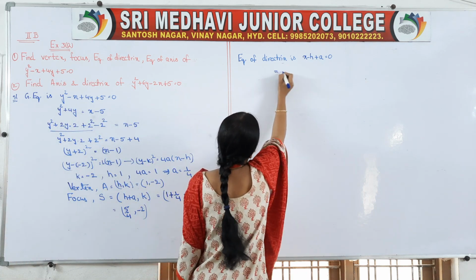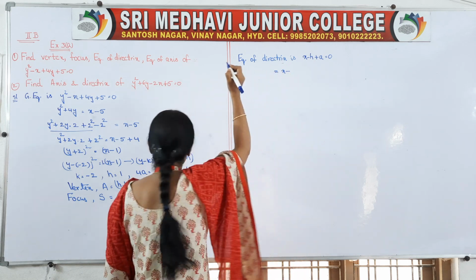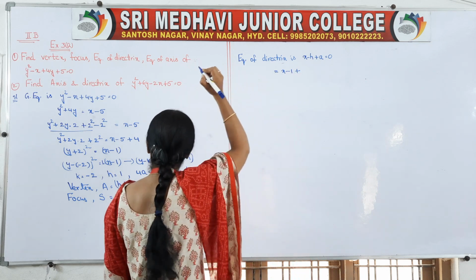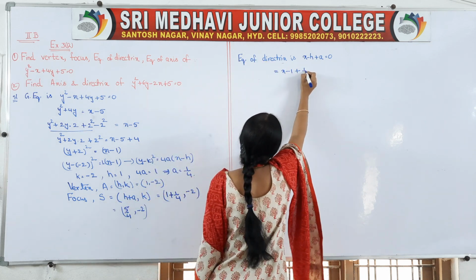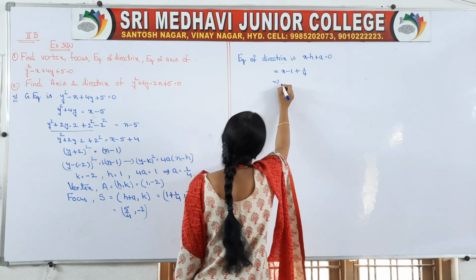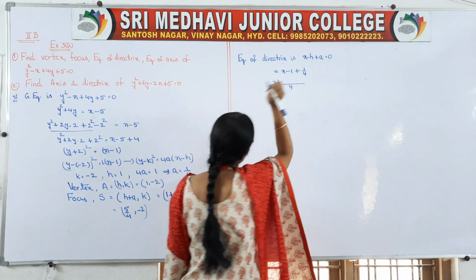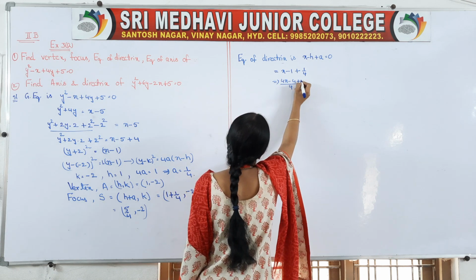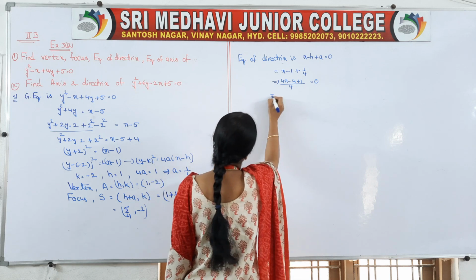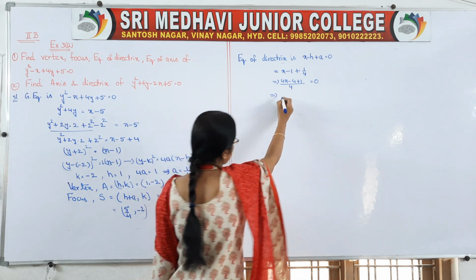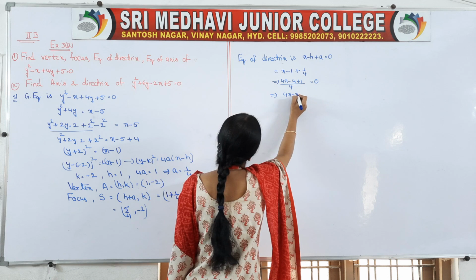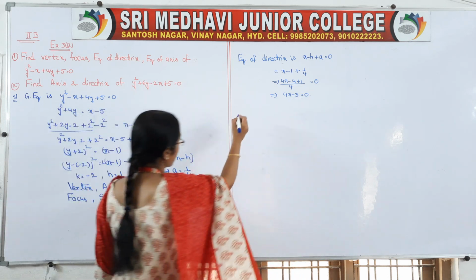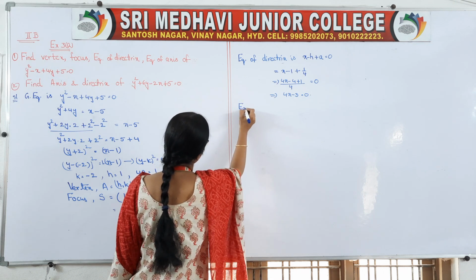So it is equal to x minus, what is your h value? 1, plus a value. What is your a value? It is 1 by 4, right? So come on, taking the LCM as 4, it is 4x minus 4 plus 1 is equal to 0, which means 4x minus 3 is equal to 0. Okay, next you take equation of axis.